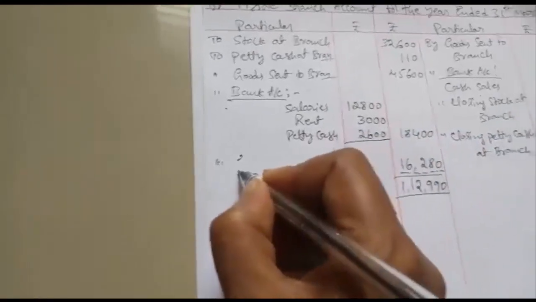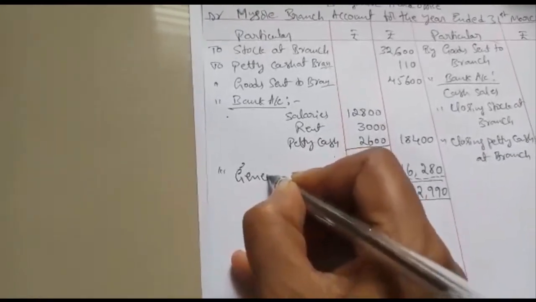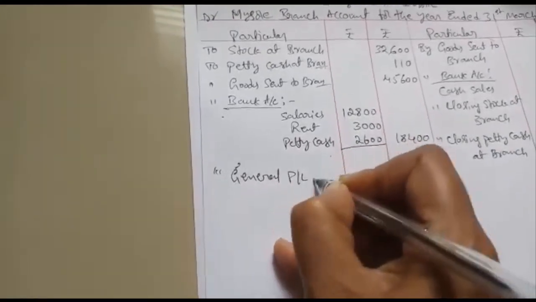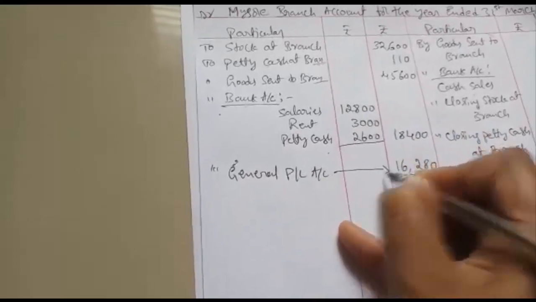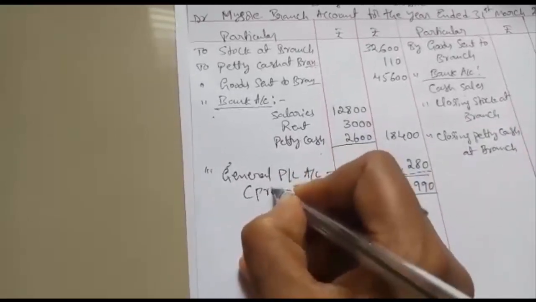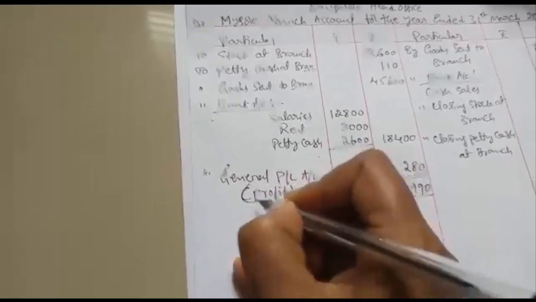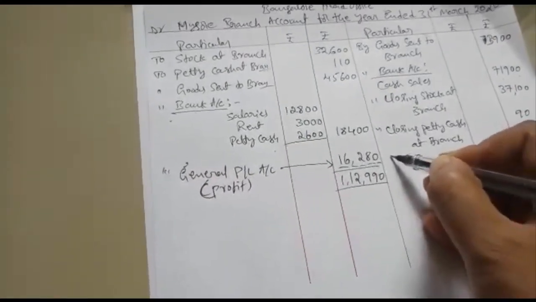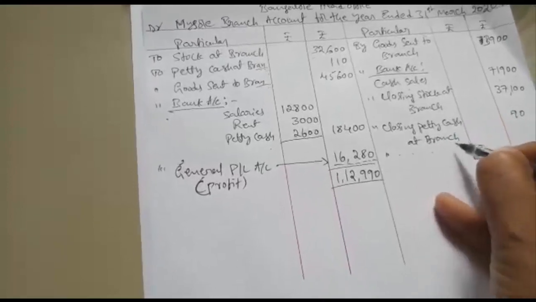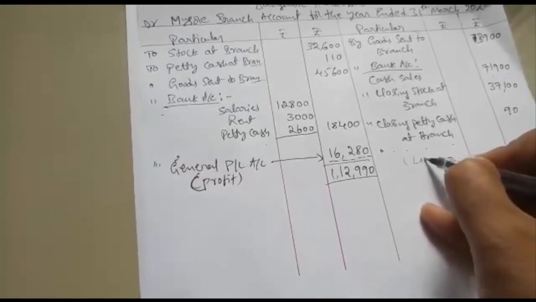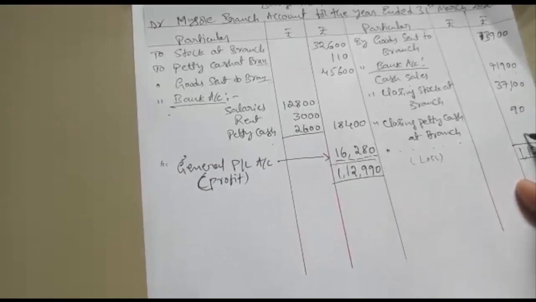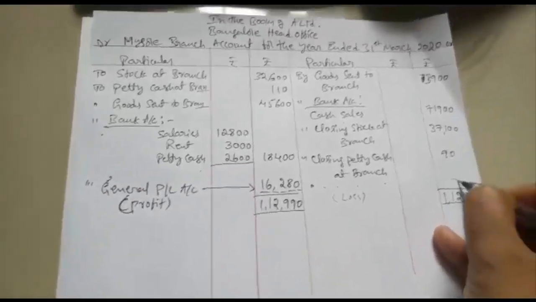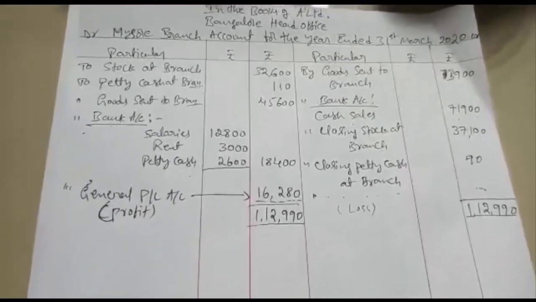We call it general P&L account. This is a profit. In case it shows on the credit side, we write the same thing, general P&L account, but that would be a loss. So this is the branch account.